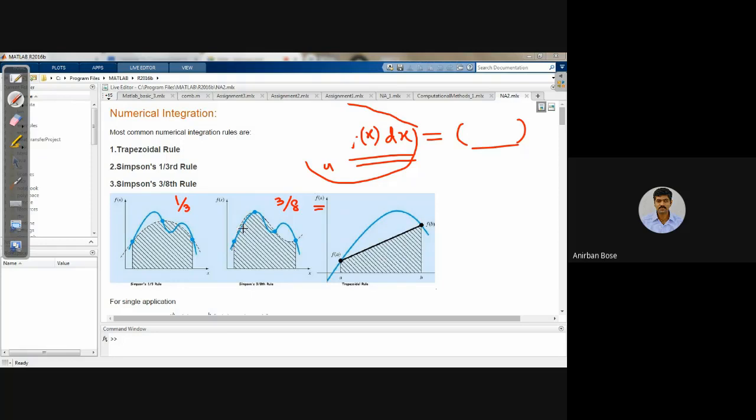The idea is you take three equidistant points in the range where you want to find the area. Suppose we want to find the area between x equals a and x equals b, that is, the area under this blue curve. Basically, that is the objective. In Simpson's 1/3 rule, we take 3 points in a single segment.